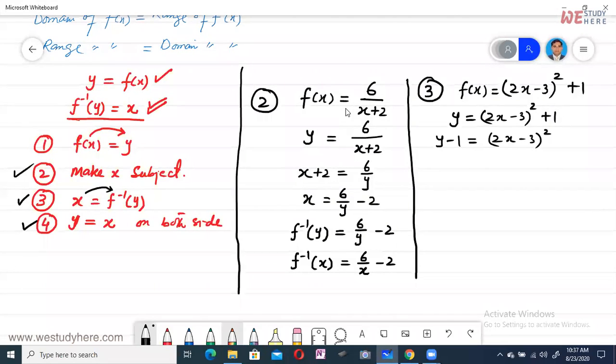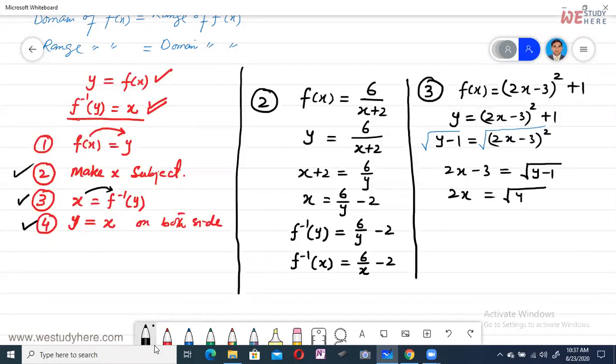Now to cancel the square, we will take the square root on both sides. Square cancels with square root, 2x minus 3 we can write as it is, and square root of y minus 1 as it is. Then 2x as it is, square root of y minus 1 as it is, minus 3 you can shift to the other side, it will be plus 3.